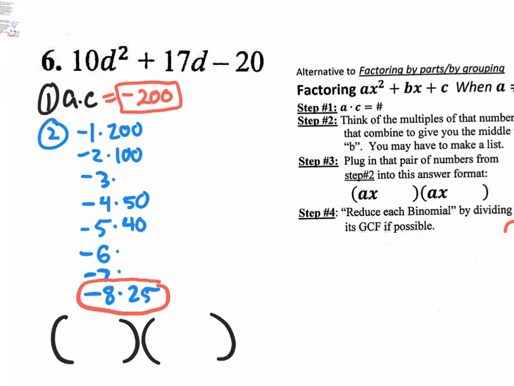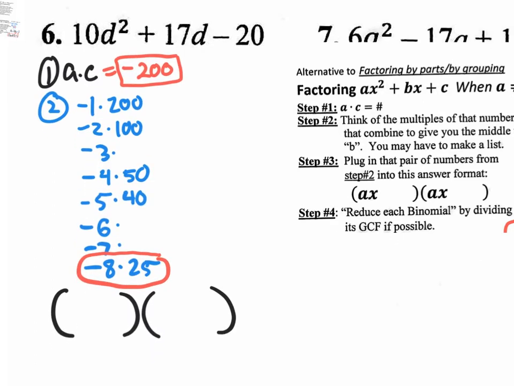Okay? And our answer format is to plug in your ax value in each one of those. In other words, instead of 10d squared, what am I plugging in here and here? 10d. Just 10d without the square. 10d, 10d. Okay, now that's weird because it doesn't make sense, right? 10d times 10d is 100d squared, not 10d squared.